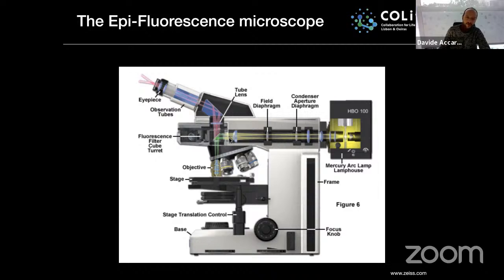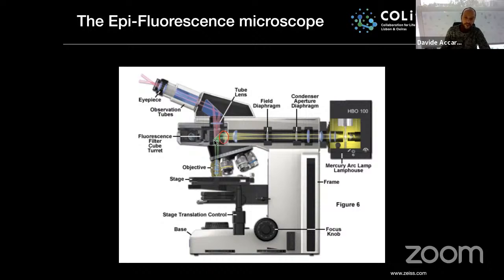The second most important element is here in this position, where the white light, typically produced by a mercury lamp, changes in color from white to green, because this is an excitation filter, a filter that selects specifically the wavelength we want to use to excite the fluorophores of our sample.